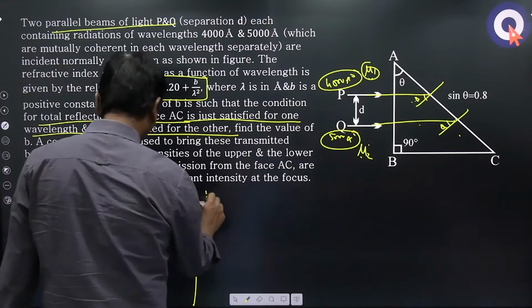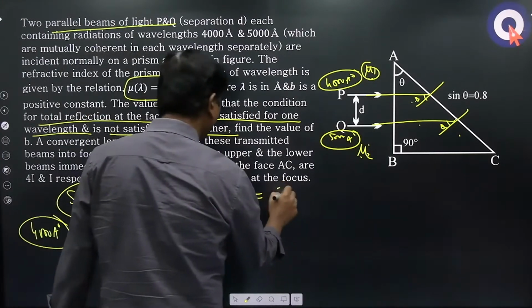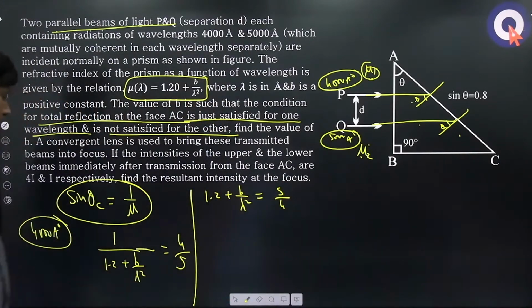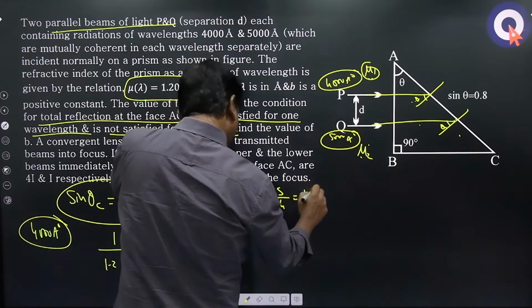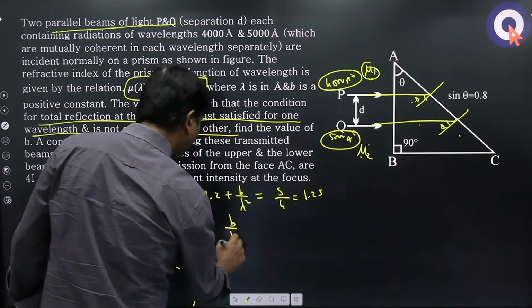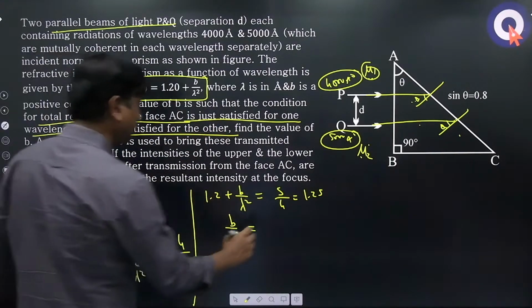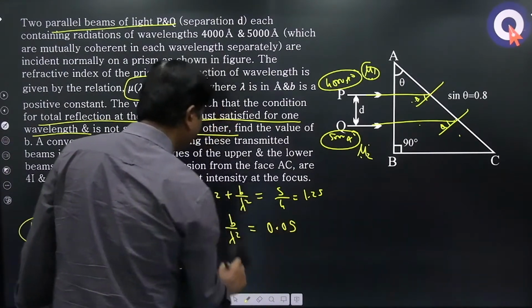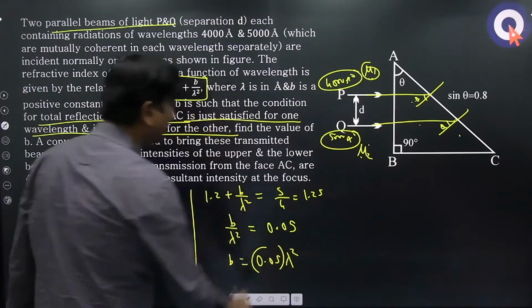I think 1.2 plus b by lambda square can be written as 5 by 4. Right or not? So that is 1.25. So b by lambda square is 1.25 minus 1.2, that is 0.05. B is equal to 0.05 times lambda square.